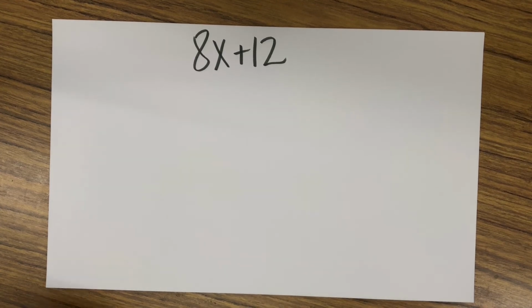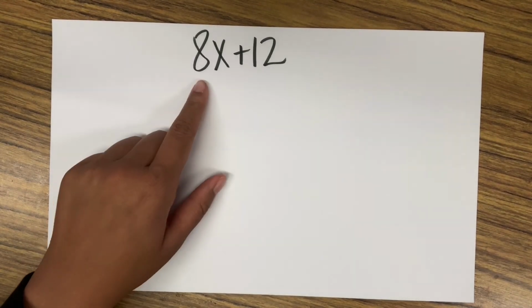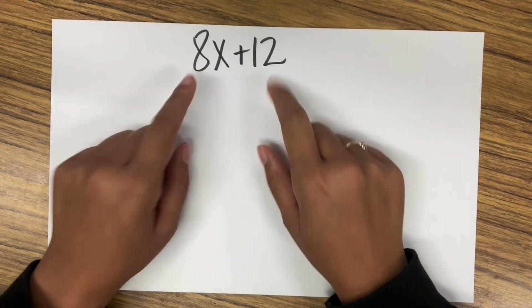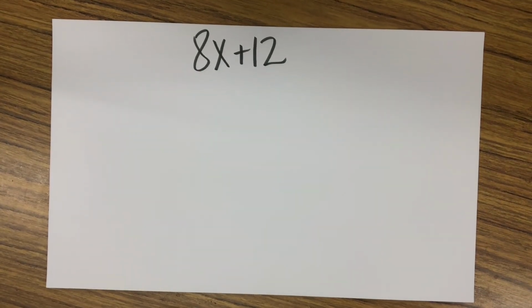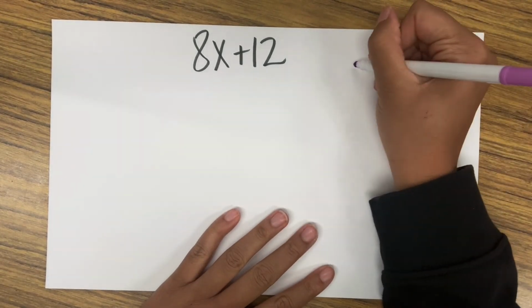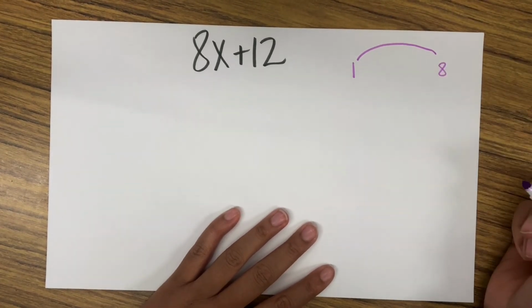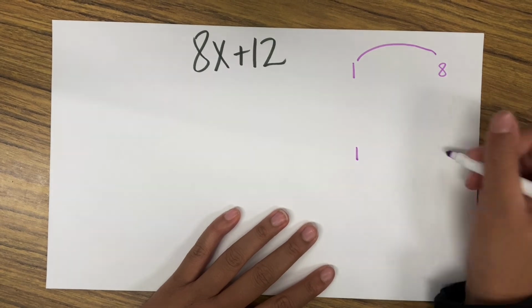In order to do that, we need to find a number that is a factor of both 8 and 12. If I were to write out my factor rainbows, I have 1 and 8, 1 and 12.